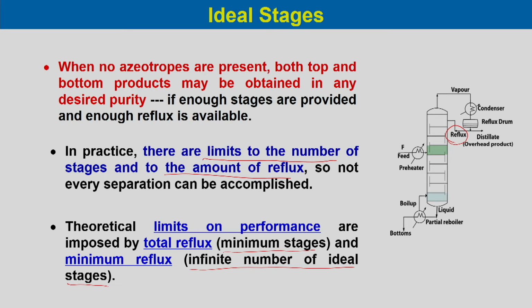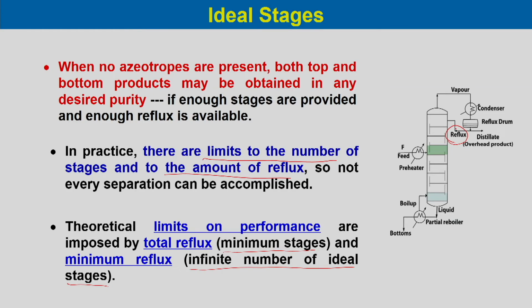The theoretical limit says that whatever vapor is produced at the top of the column, if you condense it completely and return it completely as reflux without taking out any product, in that case we get the minimum number of stages required for a particular separation.